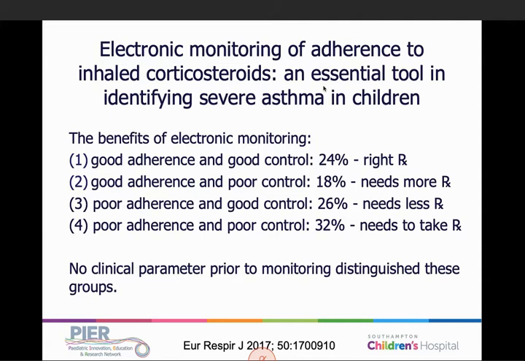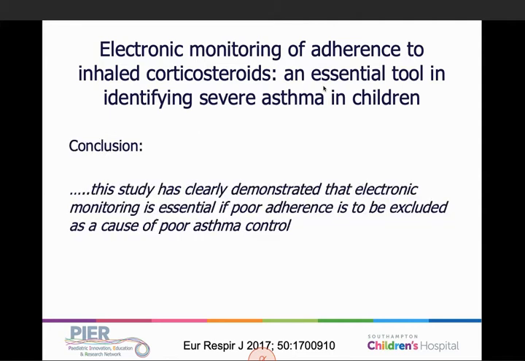And their conclusion was that, well, yes, smart monitoring is a great idea. This study is showing that you really need these devices, electronic monitoring of inhalers, if you want to assess poor adherence, which is essential to know about because you need to know if this is the cause of poorly controlled asthma. Now, I want to just look at this data in a slightly different way.